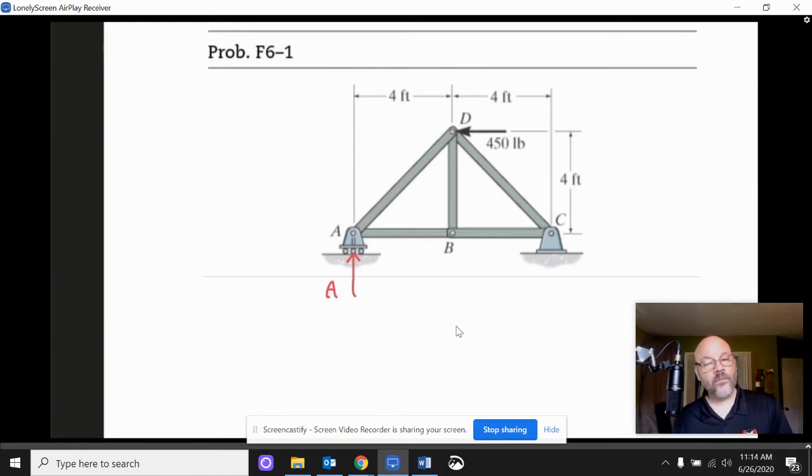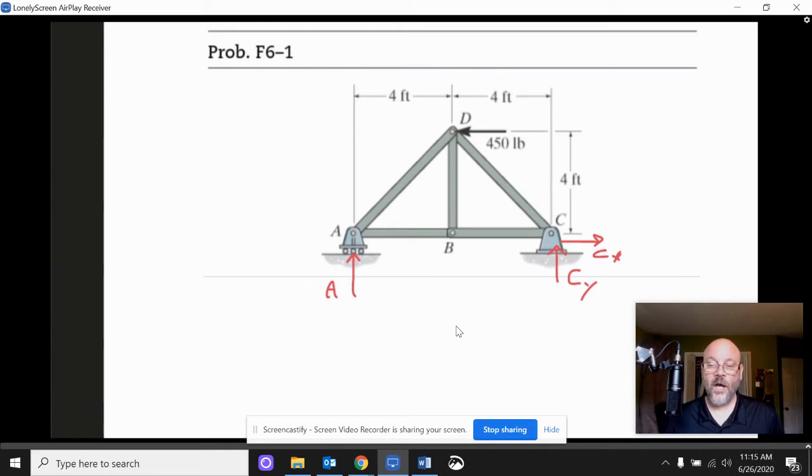Now let's go over here and look at C. At C, it's a pin. And what we want to do with most of our pin joints is, well, let's back it off just a little bit. The floor where we're mounted in there, we're going to say that there's a horizontal component to its reaction and there's a vertical component to its reaction, just like this.